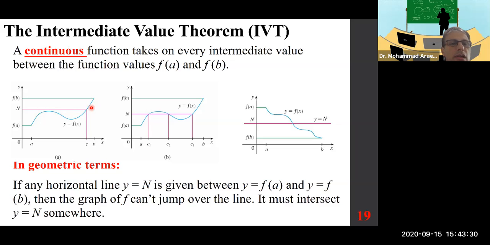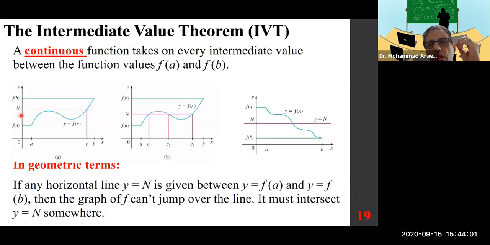If it is continuous, and it goes from A to B, for example, then it covers everything from A to B along the x-axis. Now, for A, we have f of A. For B, we have f of B. So it better cover everything from f of A to f of B along the y-axis. That's really the meaning of it.